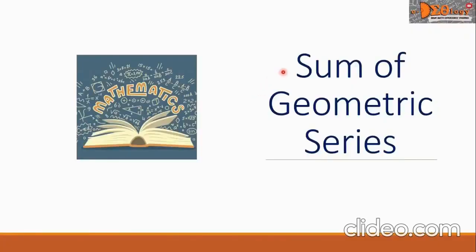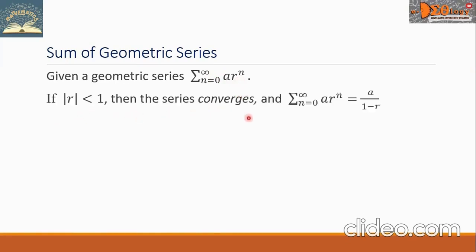Today, we're going to study sum of geometric series. Given a geometric series, summation from n equals 0 up to infinity of the function a times r raised to n, if the absolute value of r, or the common ratio, is less than 1, then the series converges.